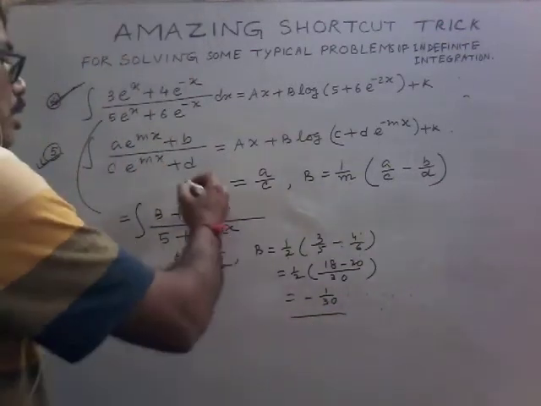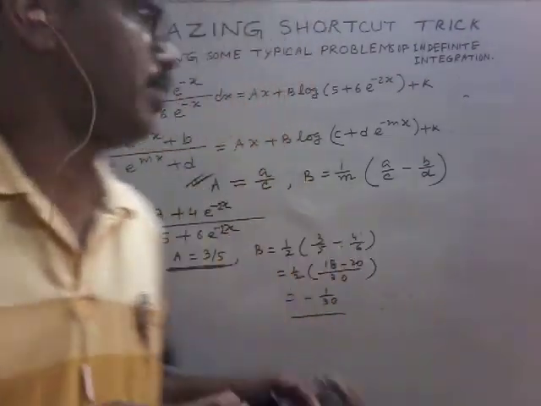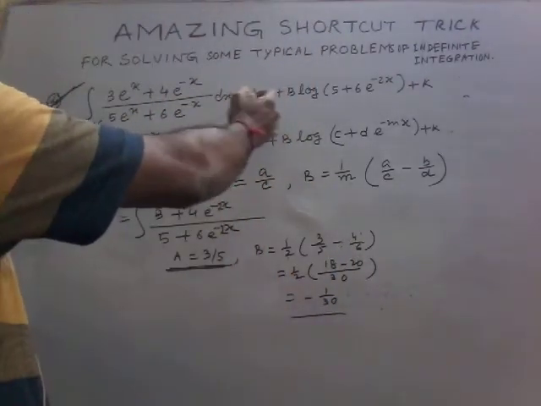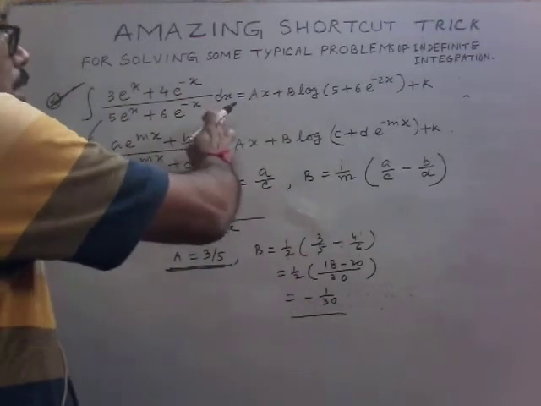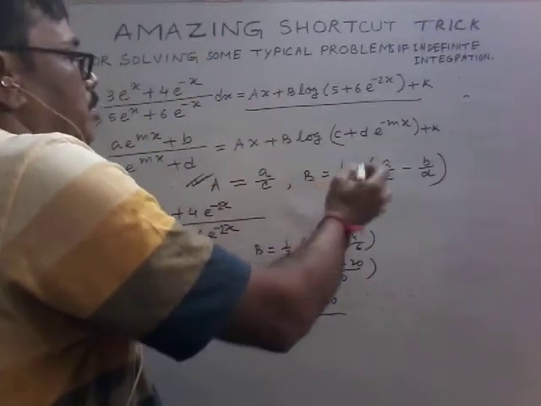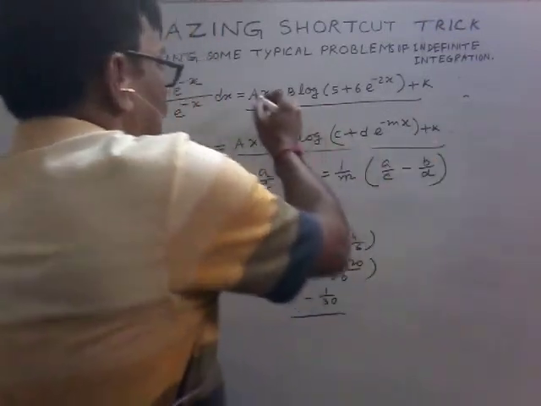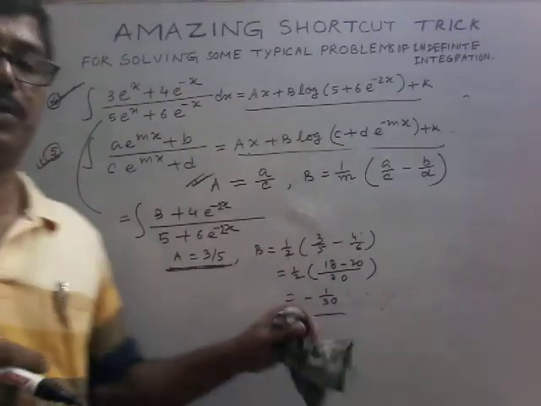So we are getting A and B. So this type of problem, with exponentials in numerator and denominator, we can express it in this form or the minus form. A and B can be easily calculated if we know this formula.